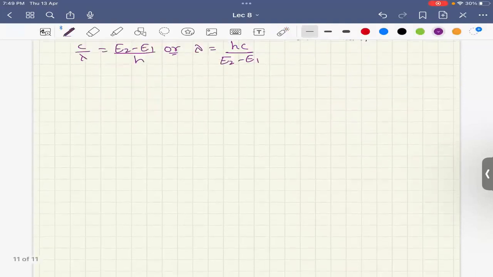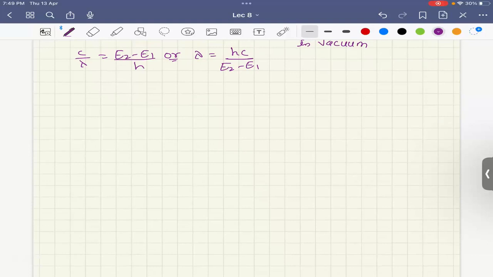And this is observed as a line in the spectrum of hydrogen atom.